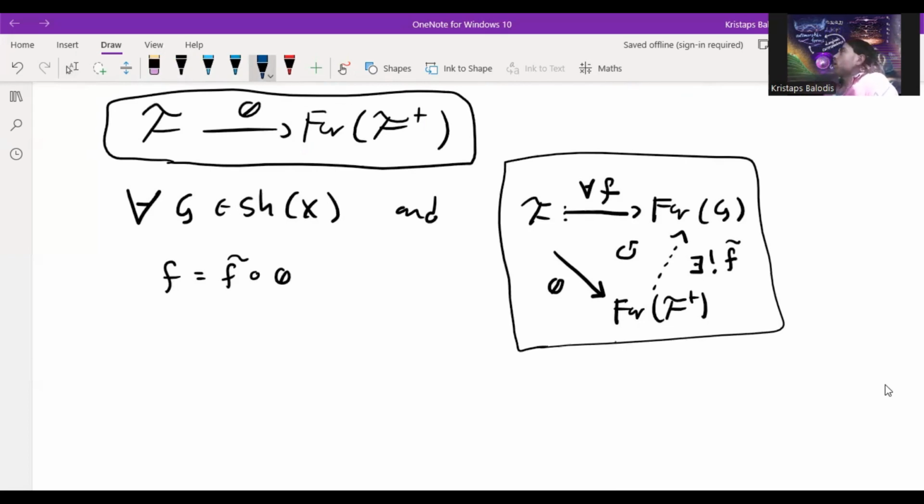And I'm going to leave the uniqueness of the map f tilde to you. It kind of comes out of the construction that we're going to do, right? So what do we need to do? We're trying to define a map of sheaves. So that means that for some open set, I need to supply you with what this map f tilde is going to do on the open sets.